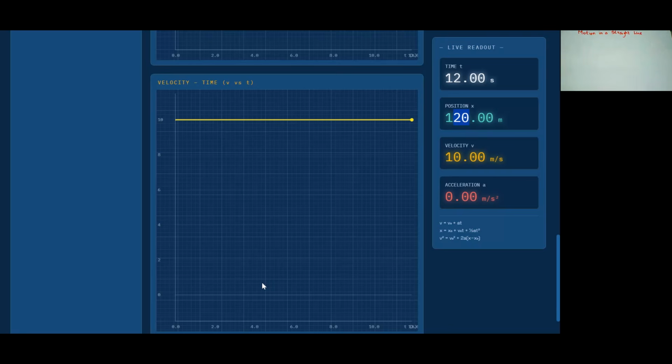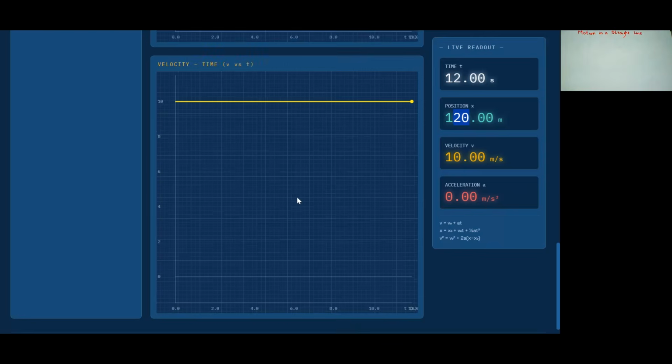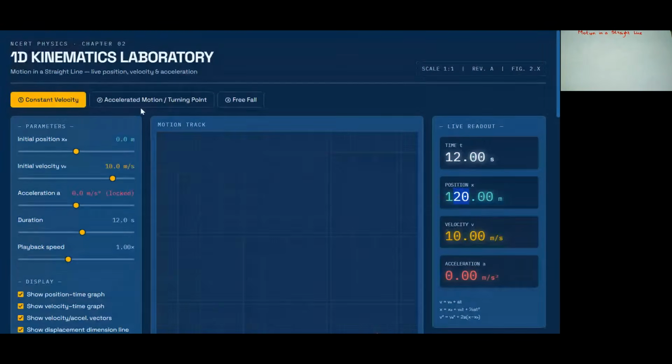So the rectangle area is not a decoration, it is literally the displacement. So acceleration 0 means a straight tilted position-time line and a flat velocity-time line. Clear? Okay, now we are going into the second tab, accelerated motion.